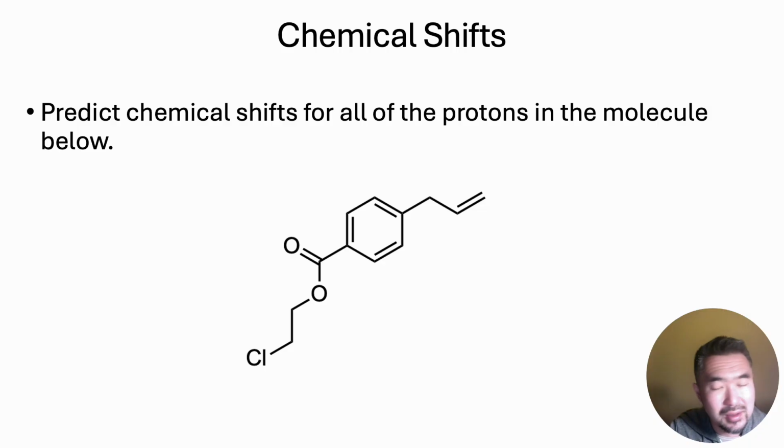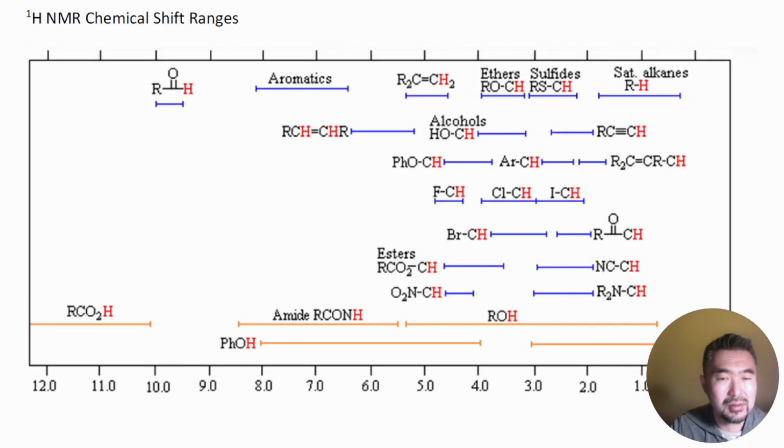In class, we'll predict the chemical shifts for this molecule together, but another really important tool that I want you to master the use of is this chemical shift range table, which, by the way, will be provided to you on the exam. That does not mean that you don't need to study this table, because if it's going to be the first time you use it during the exam, you'll have no idea.